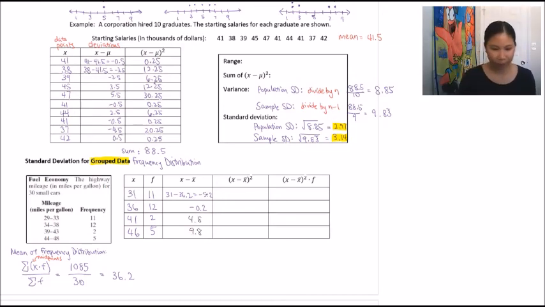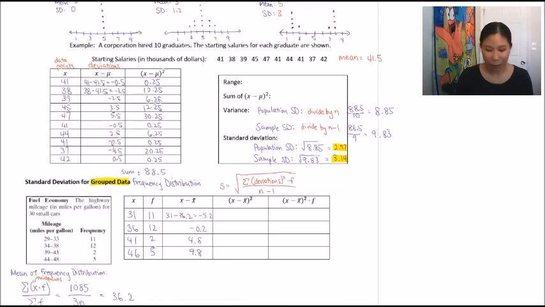Okay. So the next part of my formula, I want to take all my deviations and square them so we get all positive numbers. And finally, we're going to multiply all those squared deviations with our frequency. So squaring the negative 5.2 for my first deviation, I end up with 27.04.